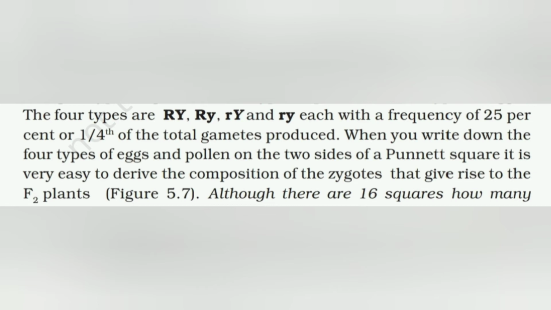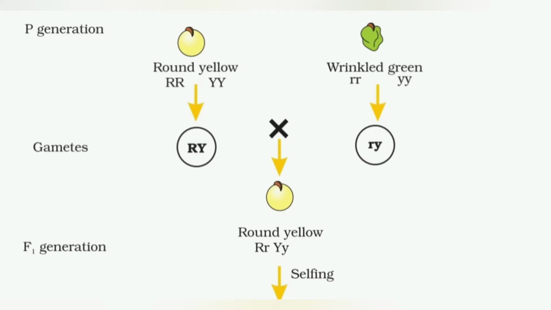When we write down the 4 types of eggs and the pollen on the two sides of a Punnett square, it is very easy to derive the composition of the zygotes that give rise to F2 plants. We can see here in the diagram how the gametes are produced and how the F1 generation is selfed. Round yellow, wrinkled green parents were taken.